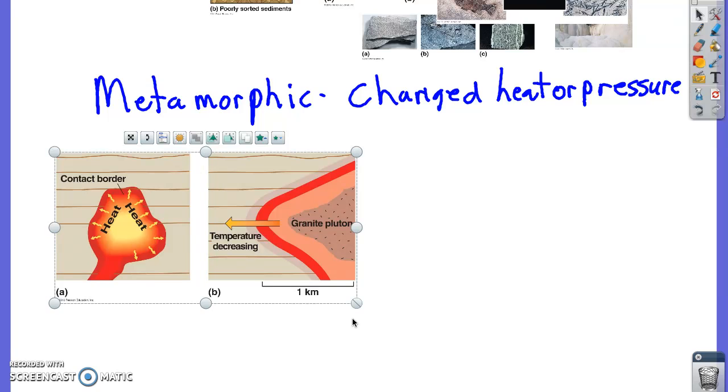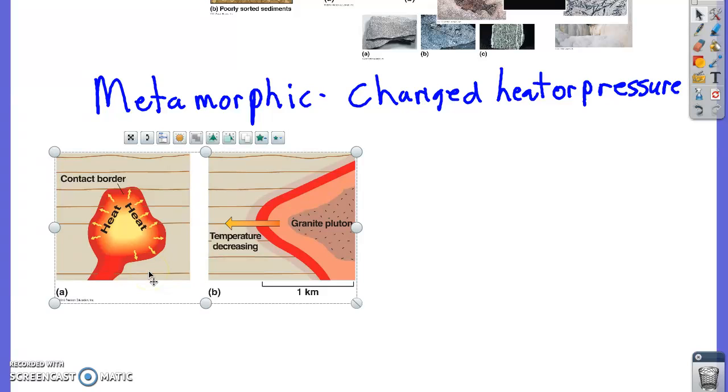But very often, if you have lava that comes up into an area, it touches the rocks around it, at the border here where it says contact border, and basically it's going to heat those rocks around it and change them. These here where the lava is are actually igneous rocks, but the rocks that are changed by the heat are going to be metamorphic, okay? Same kind of thing here.